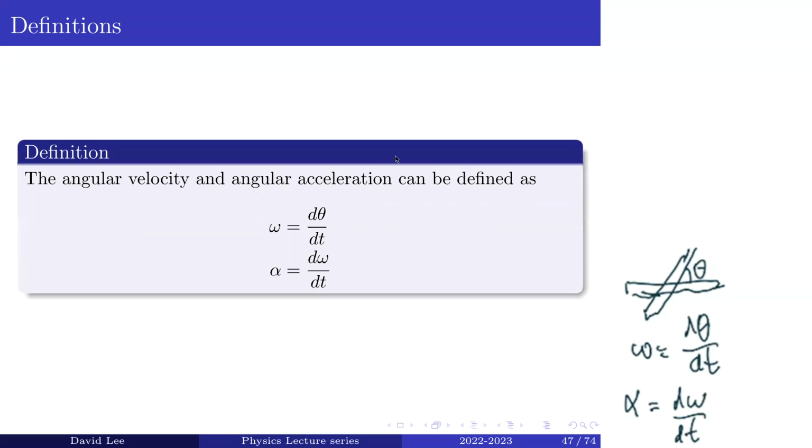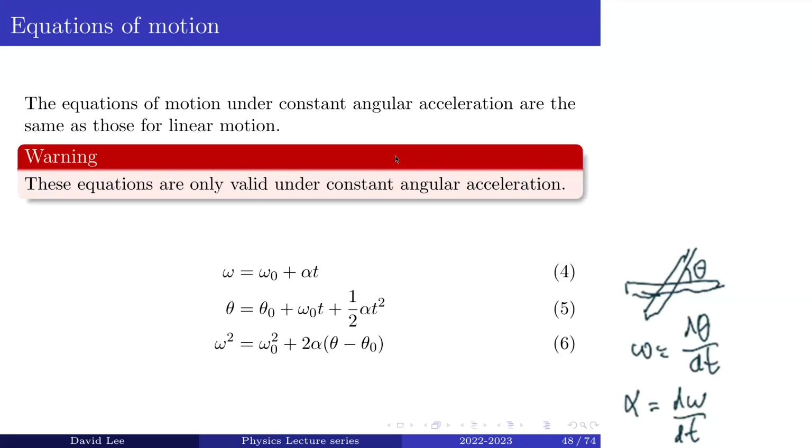So we can in fact use basically the same equations. It's just that whenever you see x, you have to replace it with theta. Whenever you see velocity, now it's angular velocity, and acceleration is now angular acceleration. And like their translational counterparts, these are only valid under constant angular acceleration.